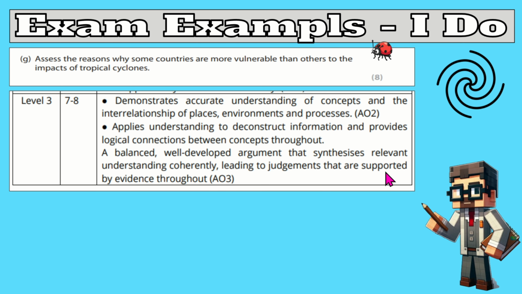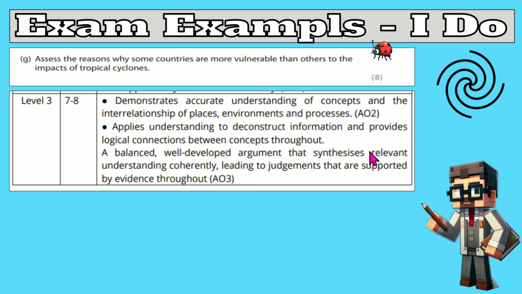So pause and read this. This is what examiners are told a level 3 full-marks candidate must look like if they are to award 7 or 8 marks. Accurate understanding of concepts. So do you know your geography? Applies understanding and deconstructs information. This is AO3, where you're going deeper into your understanding of the subjects.